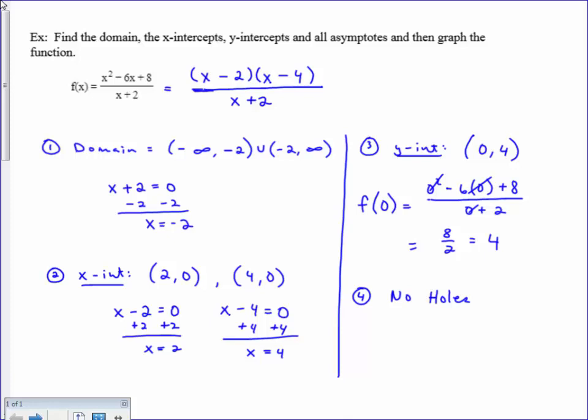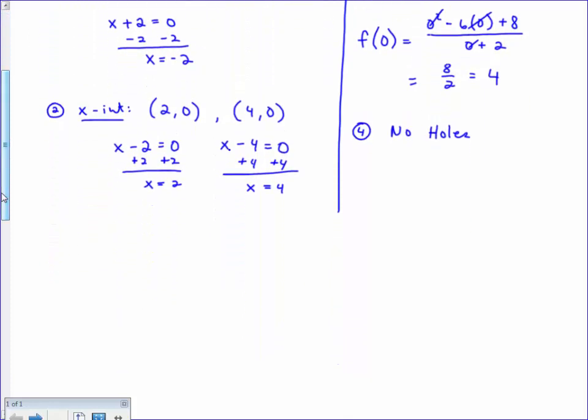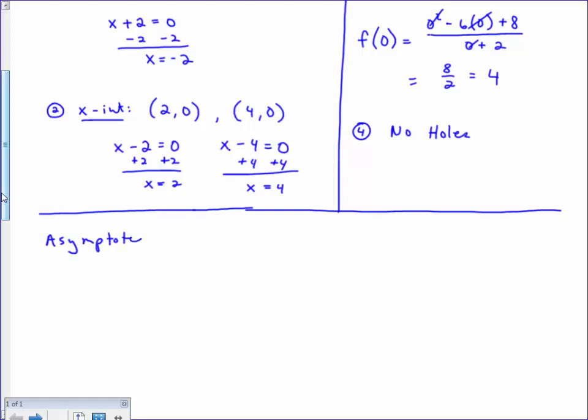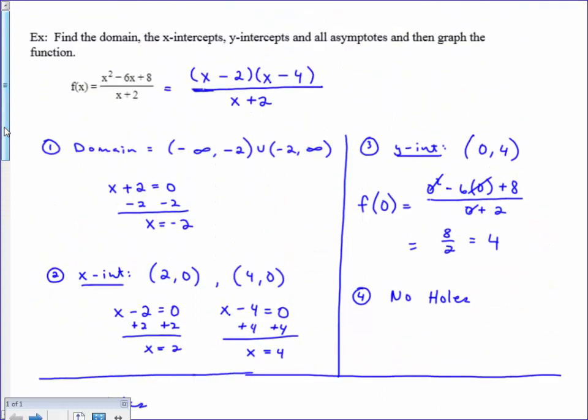From here, let's look at asymptotes. For asymptotes, we would first look at vertical asymptotes. Vertical asymptotes are found where the denominator of the function is equal to 0.